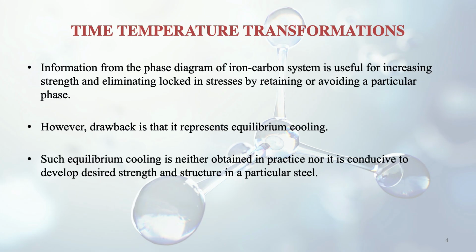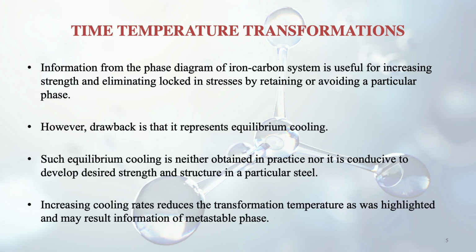So for that purpose we have the time temperature transformation diagram. We know that equilibrium cooling is neither obtained in the practical sense nor is it conducive to developing the desired strength and structure in a particular steel.